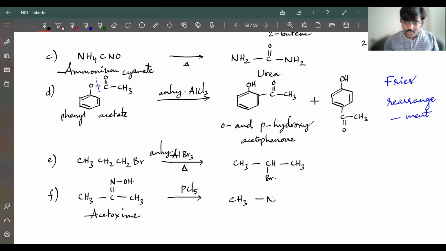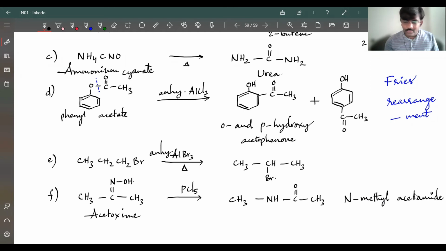CH3NHCOCH3. What is this compound? N-methyl acetamide. So acetoxime is converted into N-methyl acetamide.